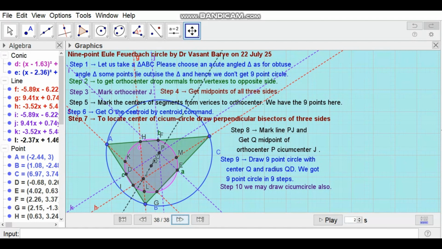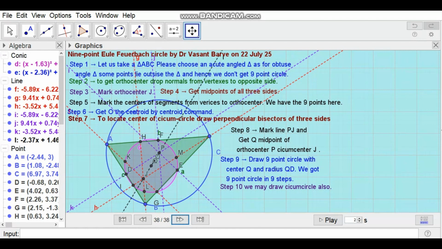And as we said right in the beginning, we have to take the acute angle triangle. Otherwise, you will see that this particular point J will lie outside, and then you may not get all the 9 points defined. So that is why we have to take the acute angle triangle. We'll run a quick review of that.